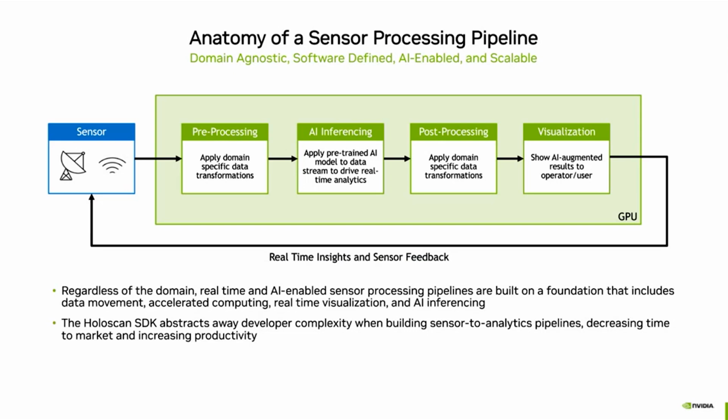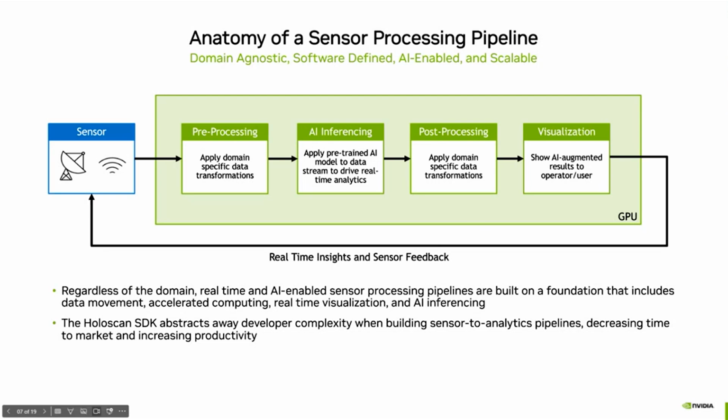That gets passed into an AI inferencing step where AI algorithms may be applied to produce real-time analytics. Thirdly, there's post-processing where you would apply domain-specific data processing and transformations. And then finally, visualization. AI augmented results are rendered and displayed to the operator.